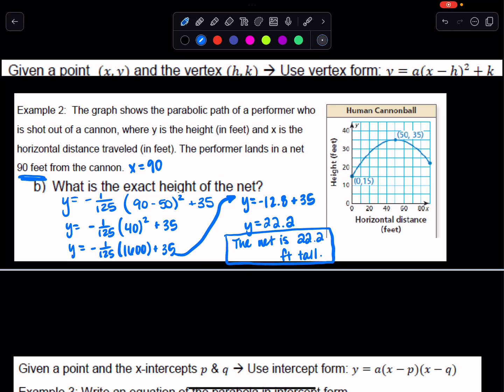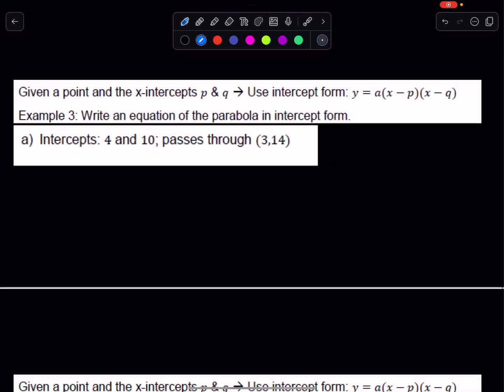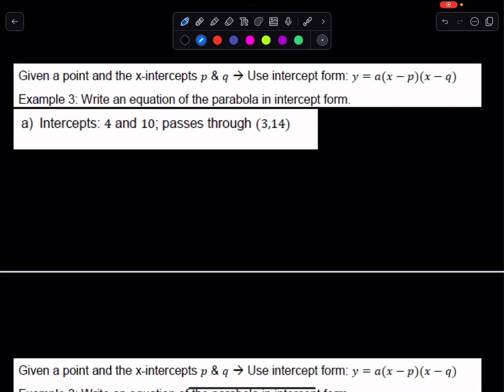Okay, so that's if you're given a point and vertex, you use vertex form. If you're given the point and the x-intercepts, then you'll use what's called intercept form. So if you remember from 2.1 and 2.2, same thing. Again, we're going to plug in what we know, and we're going to find our a. So intercepts are p and q, and then we have (x, y).